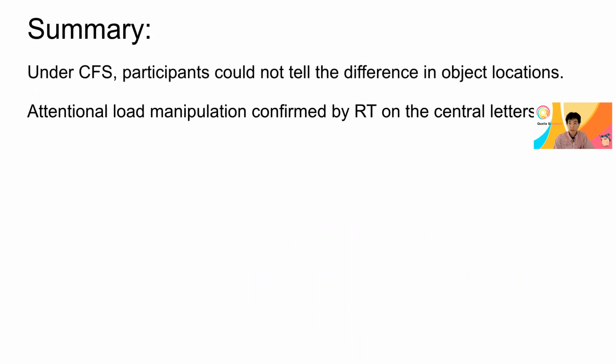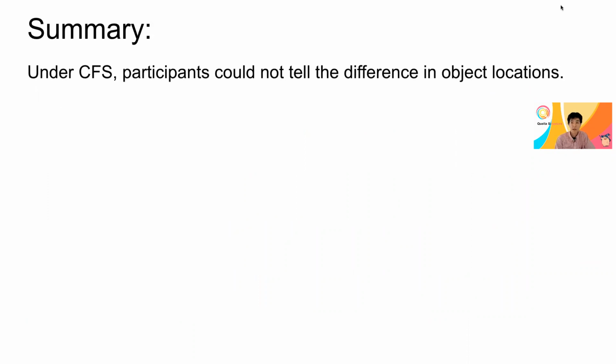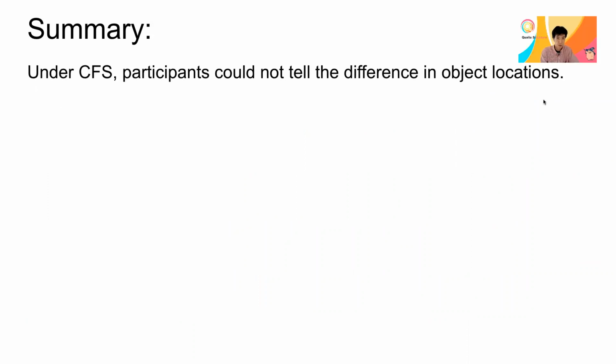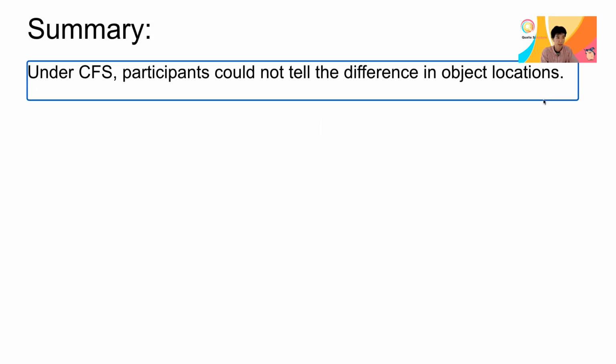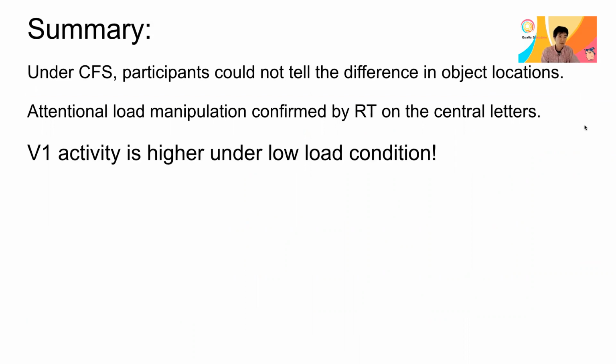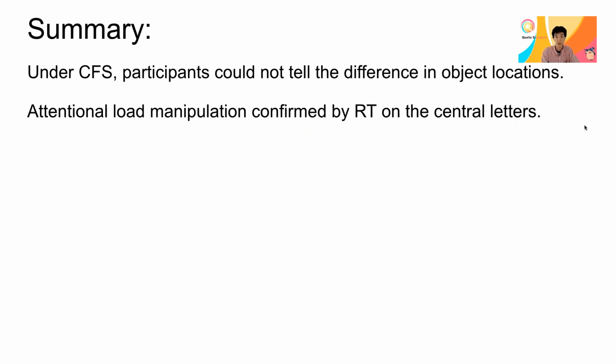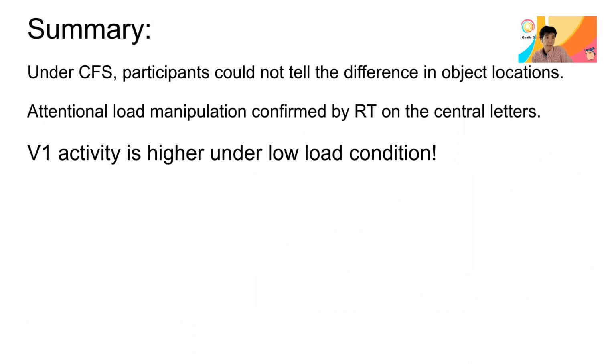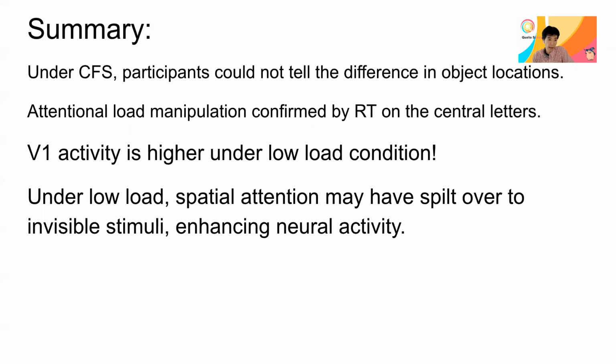So in summary, this experiment uses CFS, and participants could not tell the difference in the object locations, or didn't have any idea that the object was even presented. Okay, and the attention load manipulation confirmed that reaction time on the central letters did manipulate attention, and under this situation, V1 activity is higher under the low load condition compared to the high.